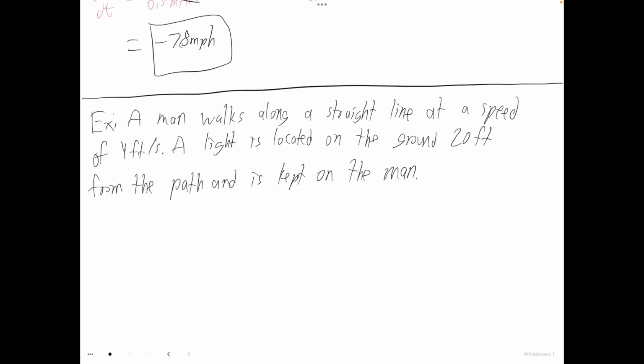So you can think of this as like you have an actor on stage and you have a spotlight that you're trying to keep on the person. So the spotlight is 20 feet away from the man, and the man's walking along the stage at a rate of 4 feet per second, and you're just trying to keep the light on the man.